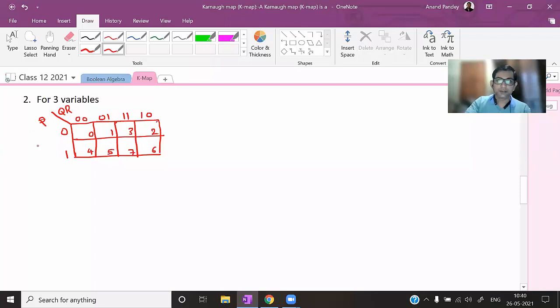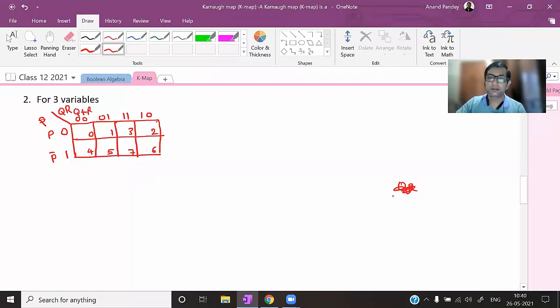Now please stop writing and listen. Here we write P, here P bar, and here Q. Here we write Q bar. Sorry, Q plus R. In the previous one we wrote q dot r. If no symbol is there and you write qr, it means q dot r.